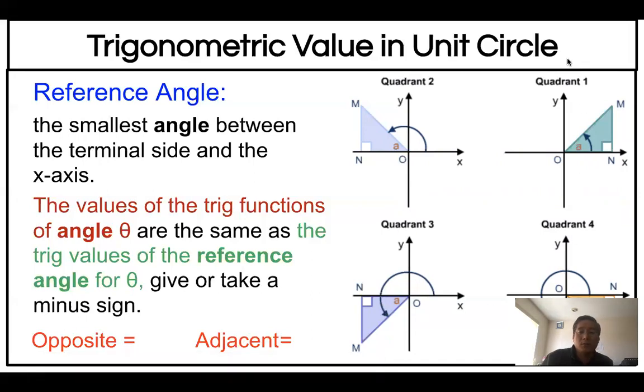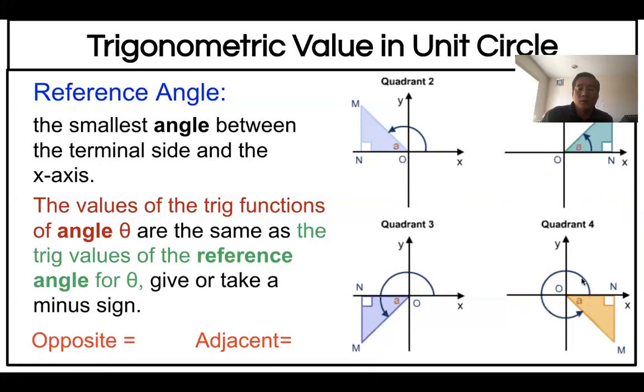And then quadrant 4, how do you get the reference angle? 360 degrees minus the original angle becomes the reference angle. So whatever triangle you say, opposite is the y value, adjacent is the x value, right? That way we use a reference angle to get the trigonometric values.